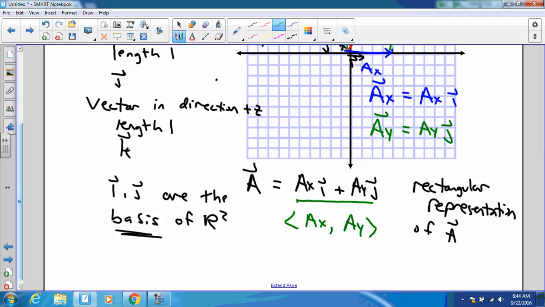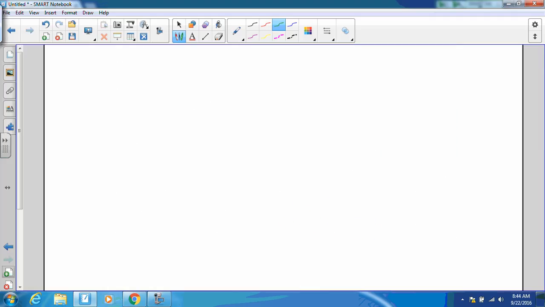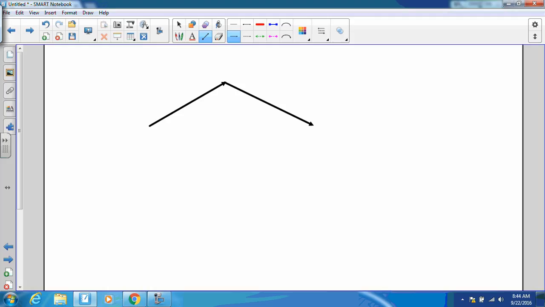Now, the real purpose behind writing a vector in its rectangular representation is to make addition and subtraction easier operations. Yesterday, when we added vectors, what we had to do was to do a geometric addition of vectors by taking A and taking B and placing them head and tail and connecting them.